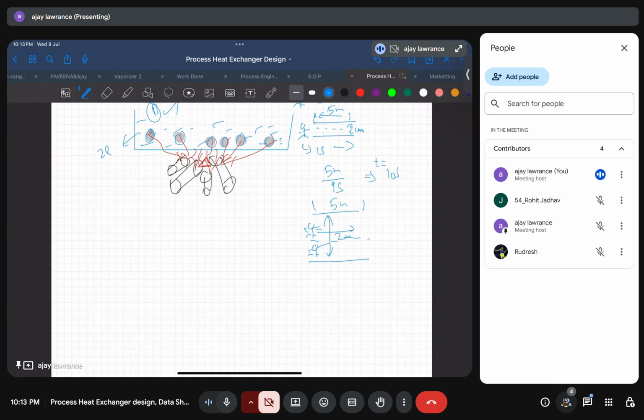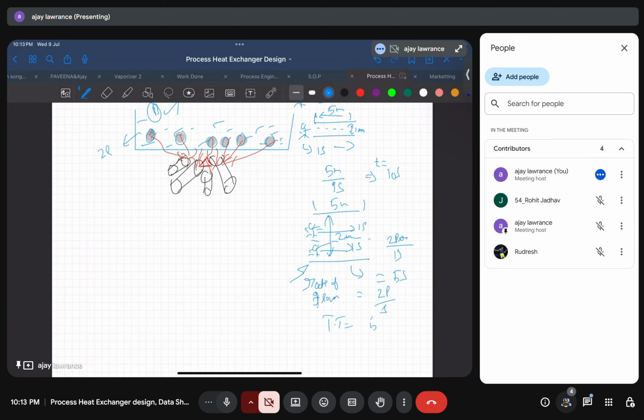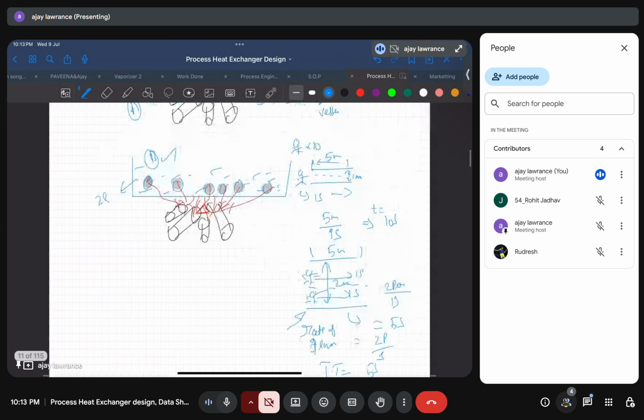Every 1 second, 2 persons are traveling, so the overall time taken will be 5 seconds only. Here the rate of travel is 2 persons per second, and the overall time taken is 5 seconds. In the first case, the rate of travel is 1 person per second, and the overall time taken is 10 seconds.